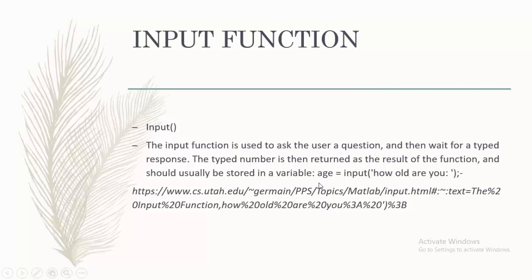When you look at this example, you would realize that age represents the basket, and the input function shows the question, how old are you. That is the question that will be asked of the user to provide the information. So it is saying that this age, which is the basket, should ask you what you want to put inside the basket.